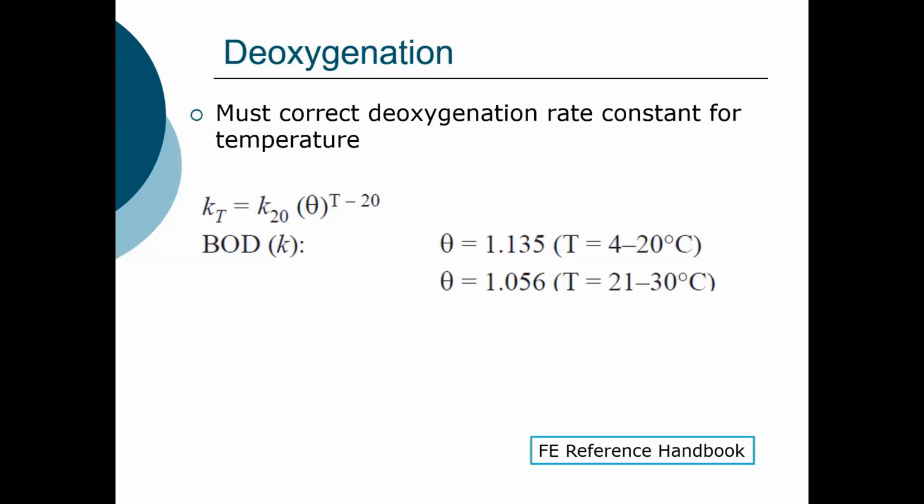As you can imagine, metabolic activity is dependent on temperature, and we have two different theta values for temperatures between 4 and 20 degrees and temperatures between 21 and 30 degrees, and the screenshot is actually from the FE reference handbook. So note, as you might expect, as the temperature increases, the deoxygenation rate constant also increases, metabolic activity increases.